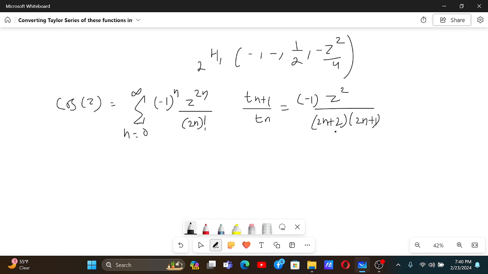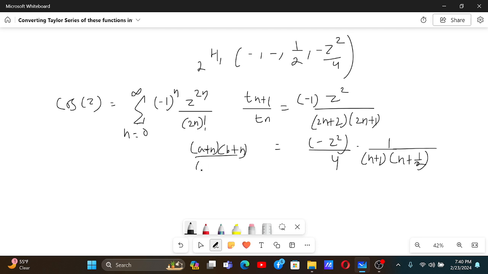Now this can be written as minus g square by 4, 1 by n plus 1, and then n plus 1 by 2. We know that this should also be equal to a plus n, b plus n by c plus n, n plus 1 times z.